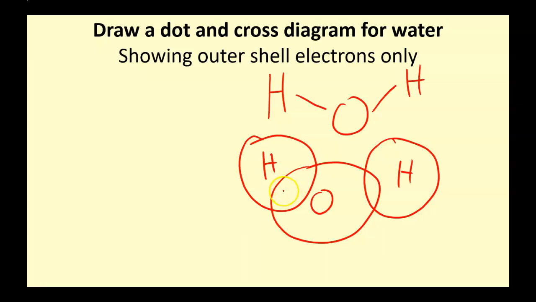In the middle, each solid line represents a shared pair of electrons, so dot cross, dot cross. Hydrogen has a full outer shell with 2 electrons, so those 2 are happy. Oxygen is in group 6, so 1, 2, 3, 4, 5, 6. So that's the diagram for water as a dot and cross diagram.